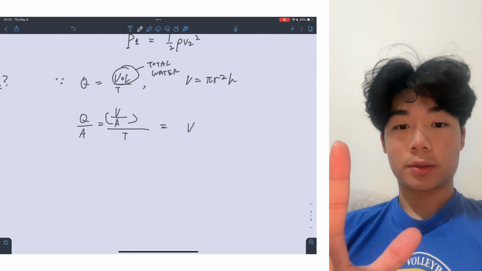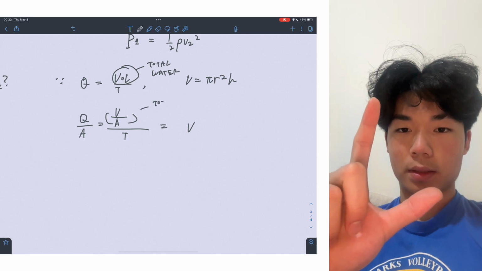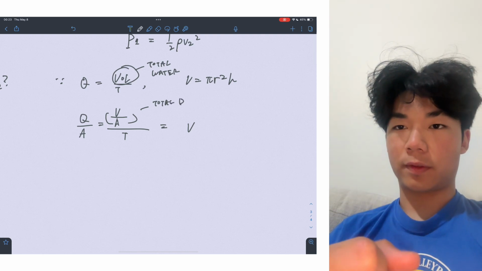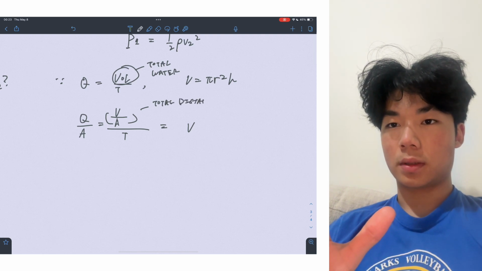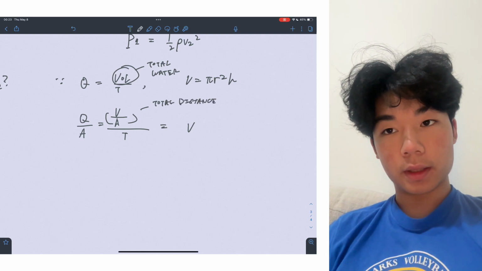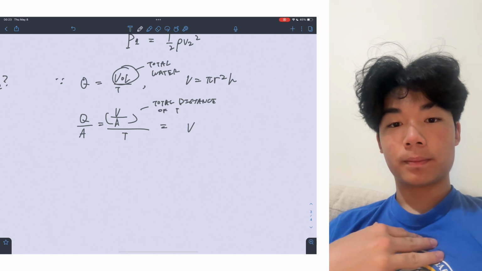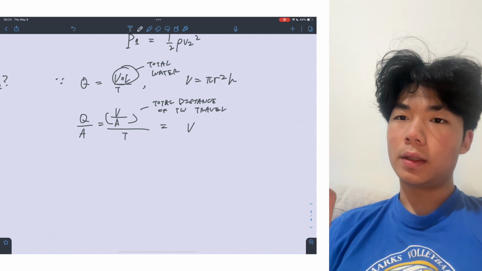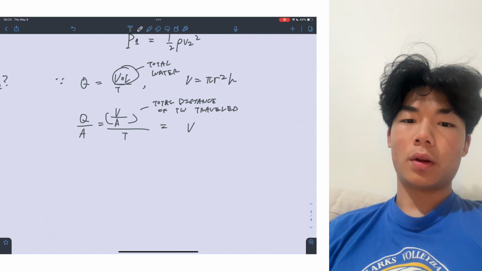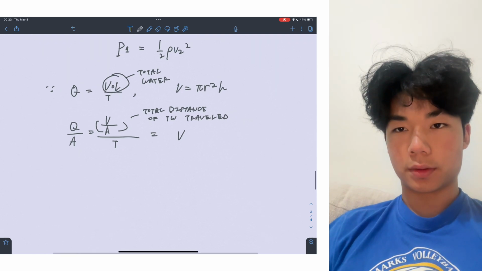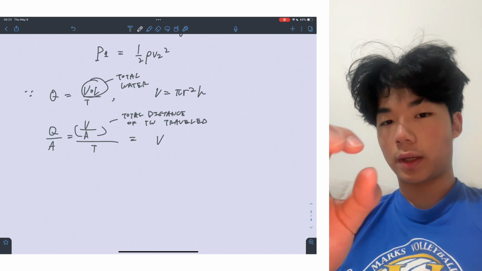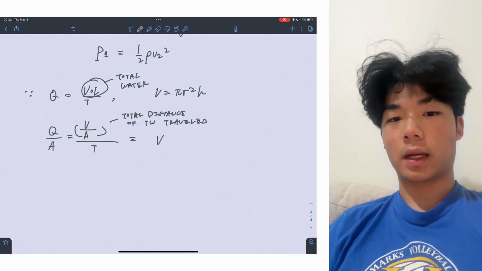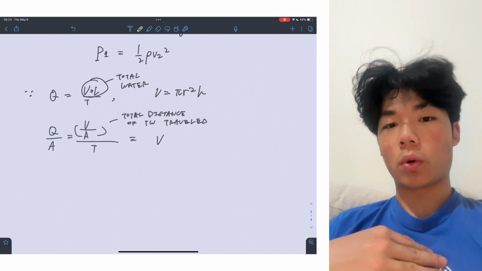The volume is very big, but it's a very small nozzle, so I needed another area. Hence, v equals the volume over the area of the nozzle, and then the whole thing divided by time, the time it takes to empty the water.